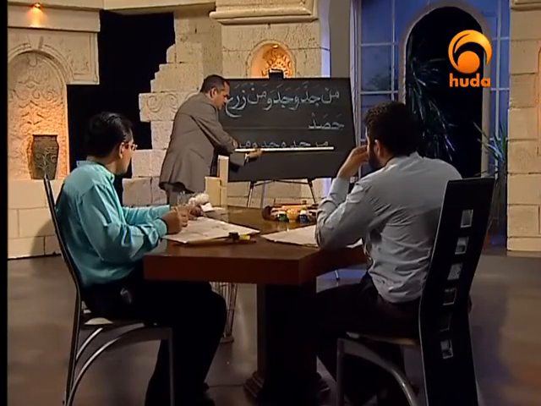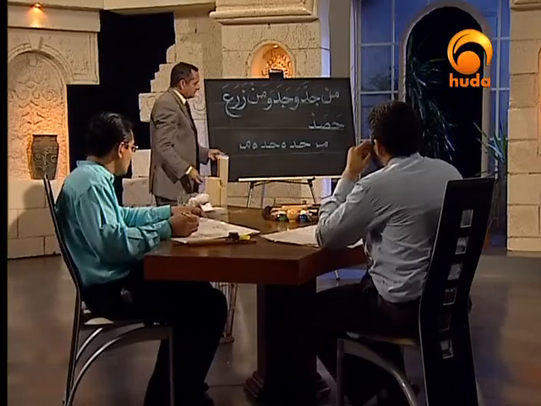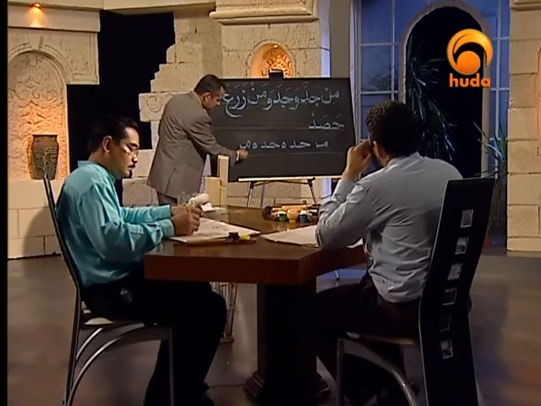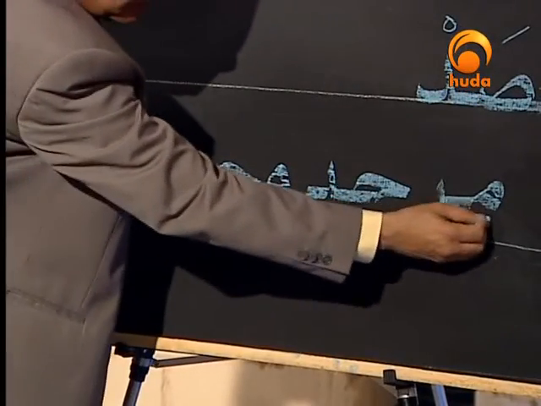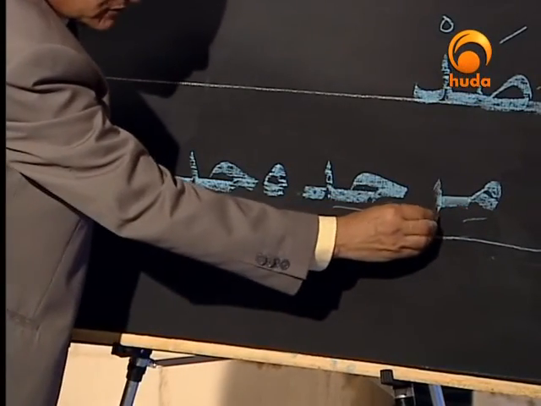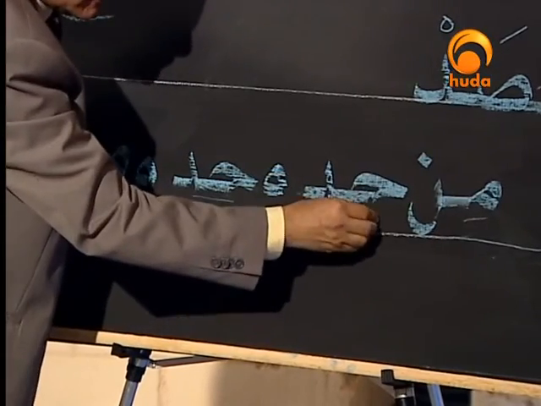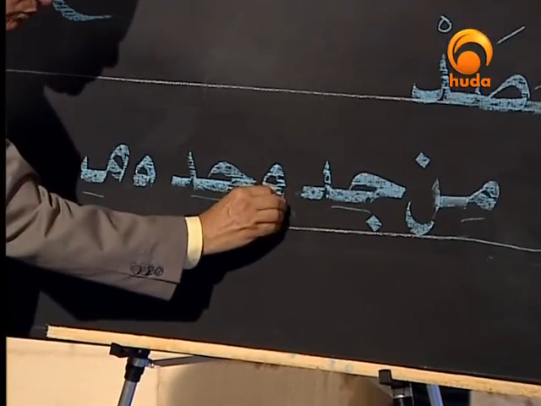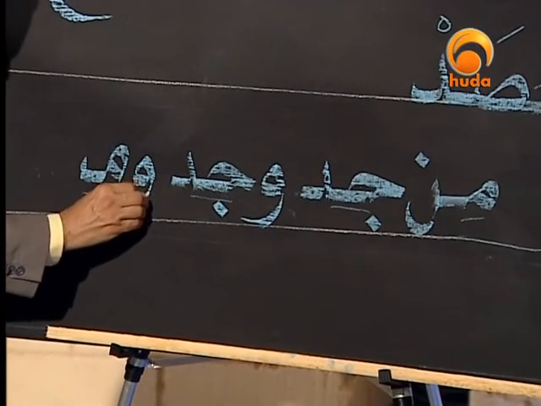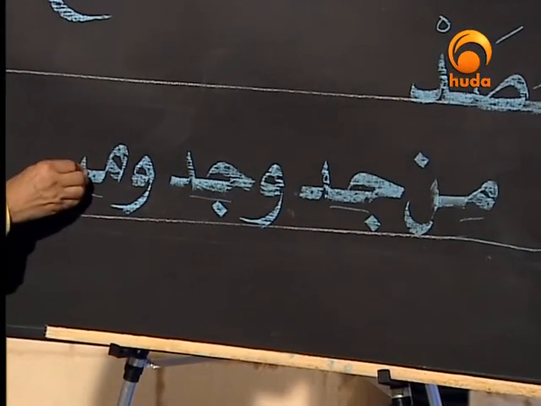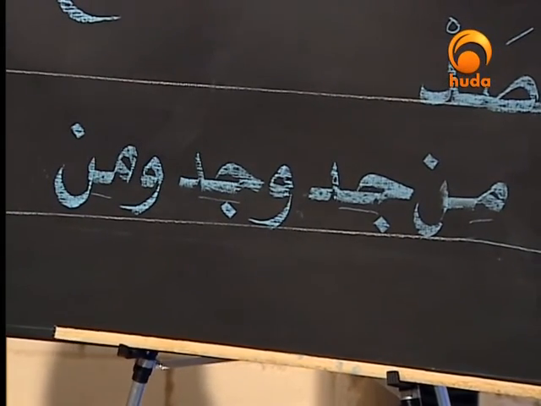So I'll take out my rule. So I found straight lines here. Just only I can complete with a very simple curve, noon, and the dot, the waw letter, the dot, and the other part of waw, and the complete part of the noon will be like this.